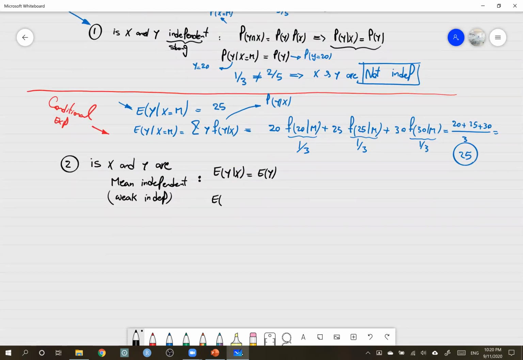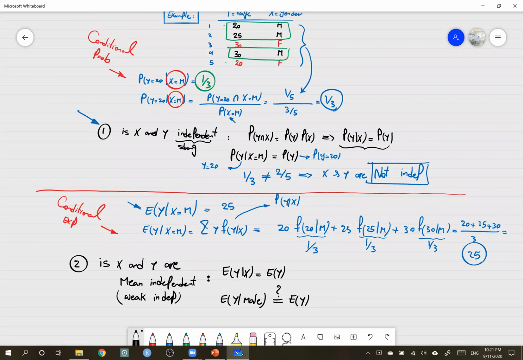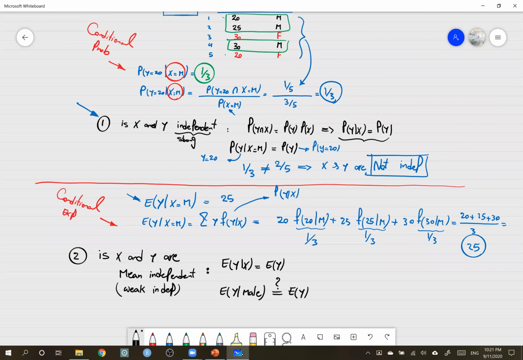Expected value of y given male. I want to check if it is equal to the expected value of wage. So let's focus on the black observations, because remember, males were black on top of the table. What is the expected value of wage given we're looking at males? We already calculated this one, right? It was 25.